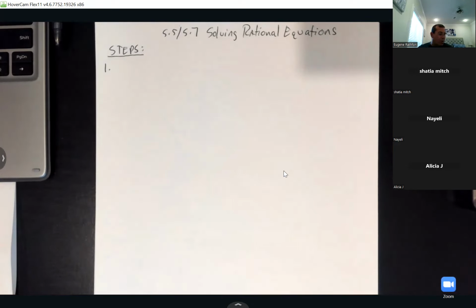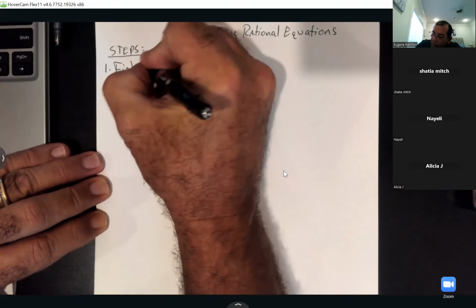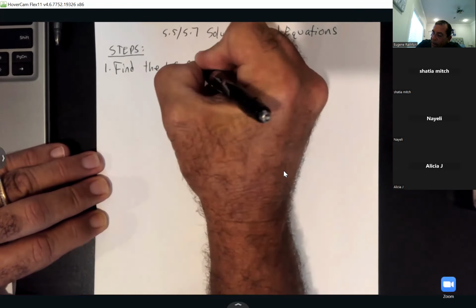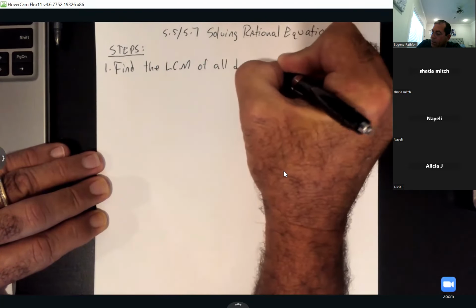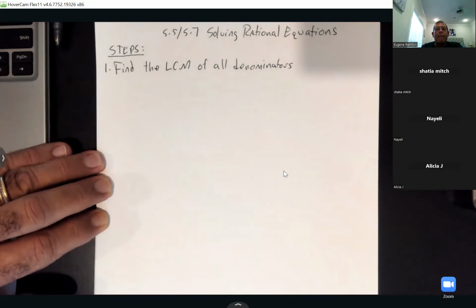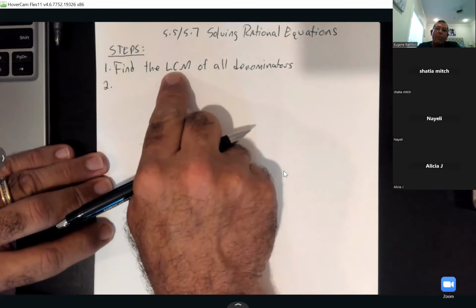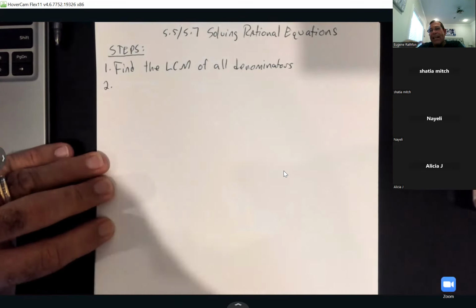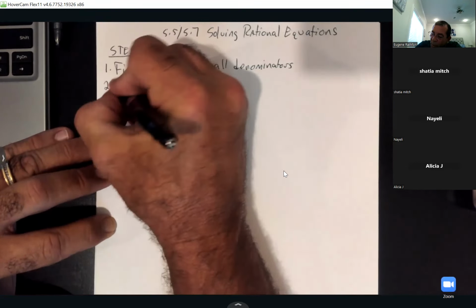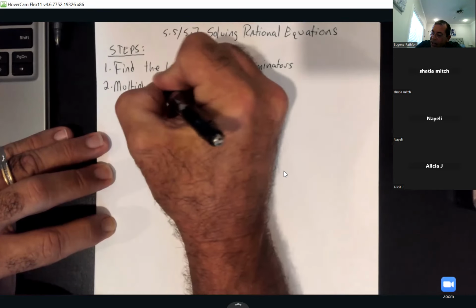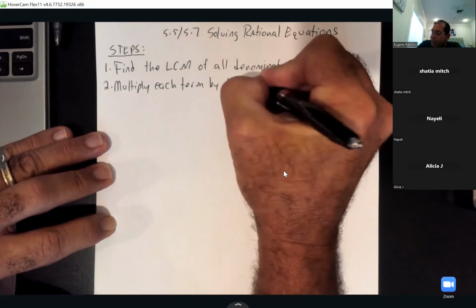So, y'all, the first thing you want to do is find the least common multiple of all denominators, because that's the first thing we're going to do to these. We're going to find that least common multiple so that we can eliminate these fractions. Once we find the least common multiple, we're going to multiply each term by the LCM.